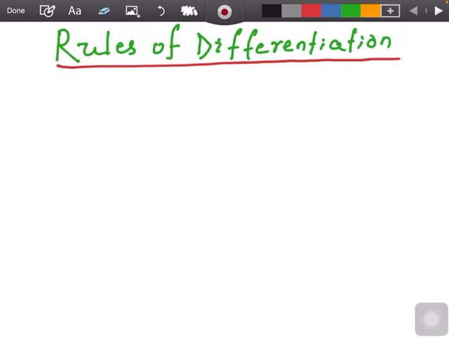Suppose y is a function of x, where x is your independent variable and y is your dependent variable.